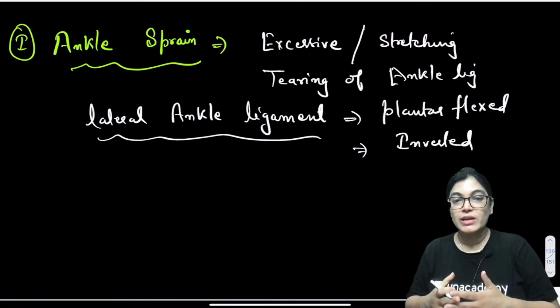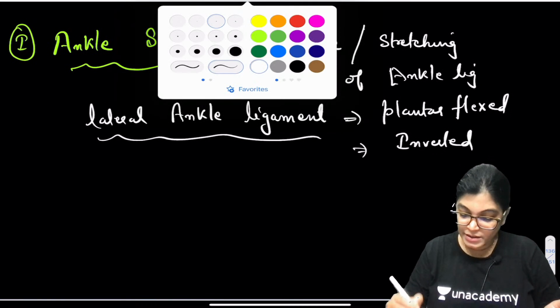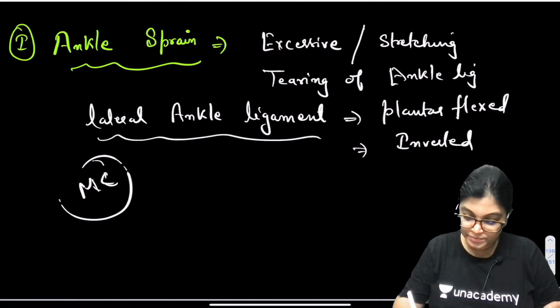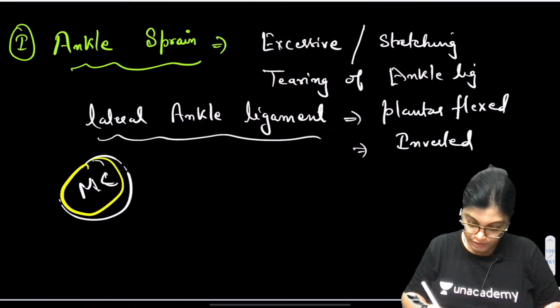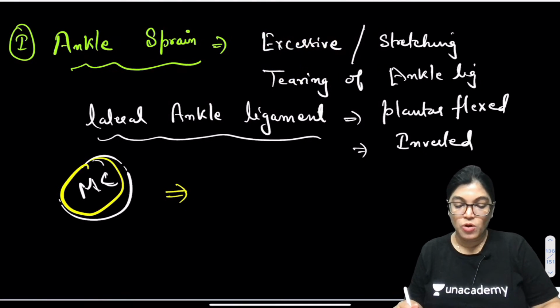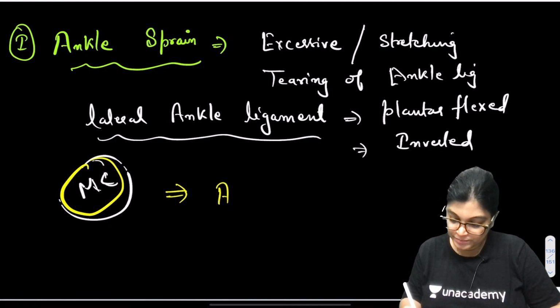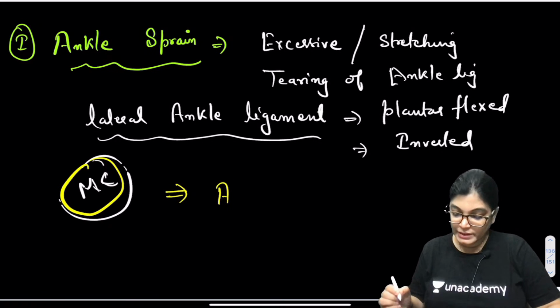And among the lateral ankle ligament components, the most commonly injured ligament is the talofibular ligament.